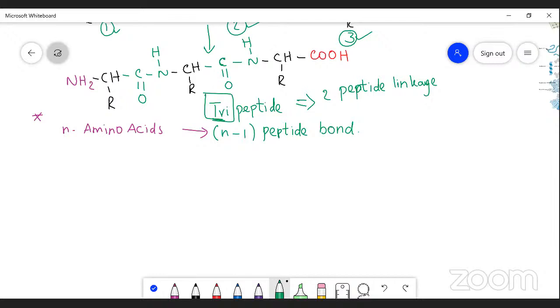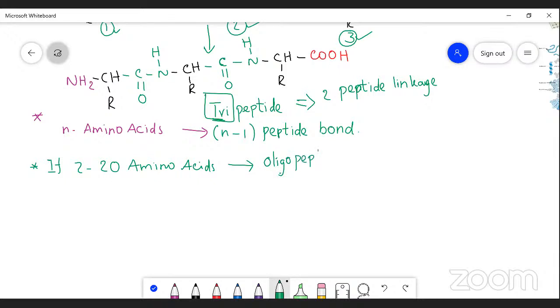Now, if we take 3 amino acids, we get a tripeptide. If 2 to 20 amino acids are joined together to form a peptide, then it is known as an oligopeptide.